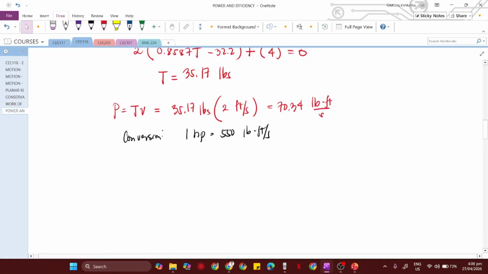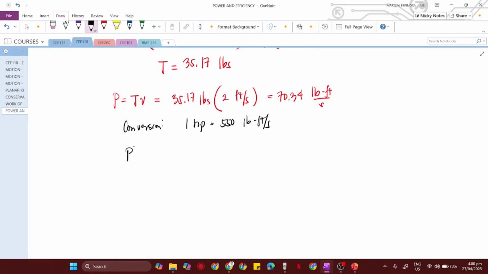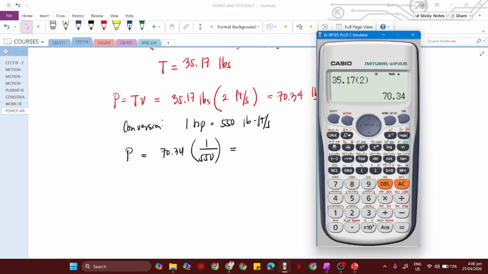Therefore, yung power na required, hindi pa yan yung sagot. 70.34 divide 550. You would get pila nga horsepower? Okay? So that is equivalent sa 0.127.